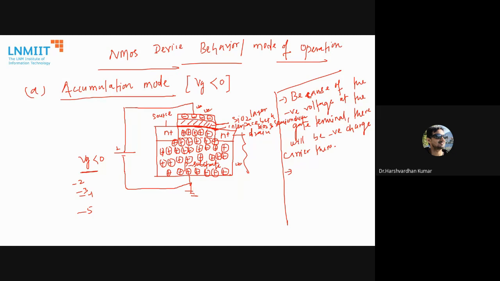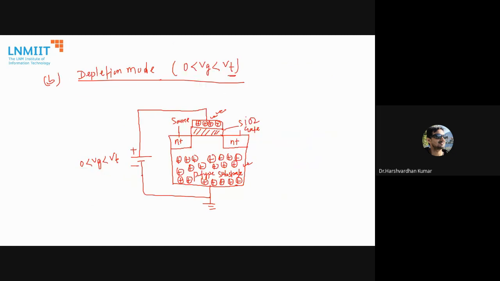So due to the repulsive force, it will push the positive carriers away from this region.